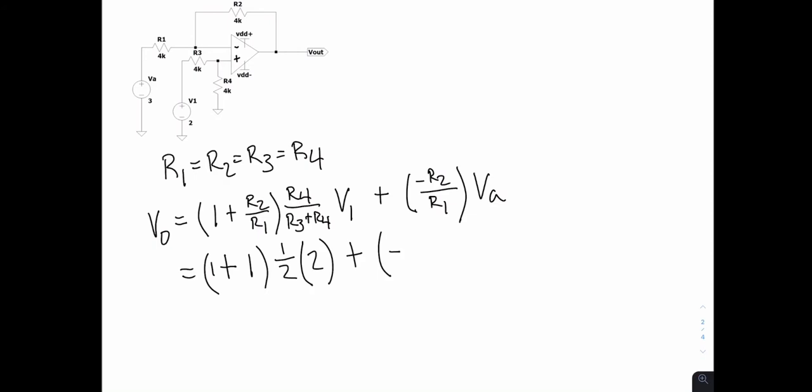You're going to have negative 1, times VA, which is 3. Your final answer is going to be negative 1 volts.